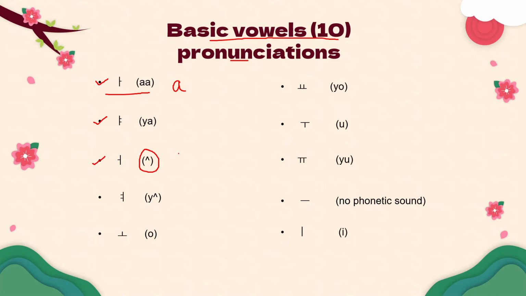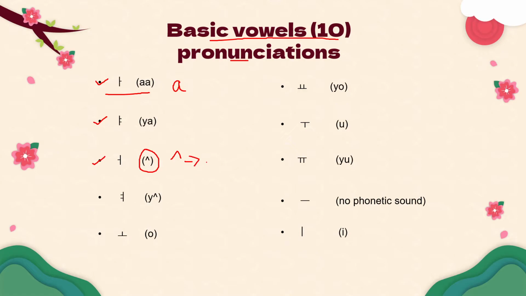But when it is in any Korean word written in English, it is not written like the O sound. Whenever the O sound is there, we don't write it with this symbol.